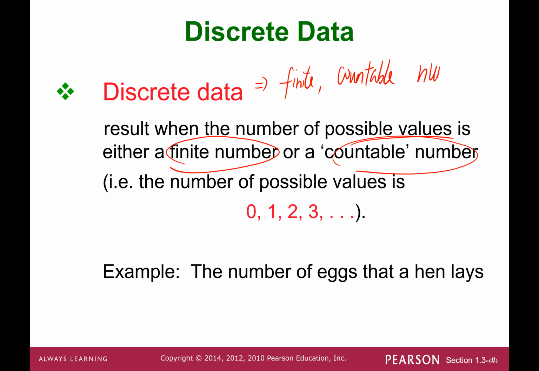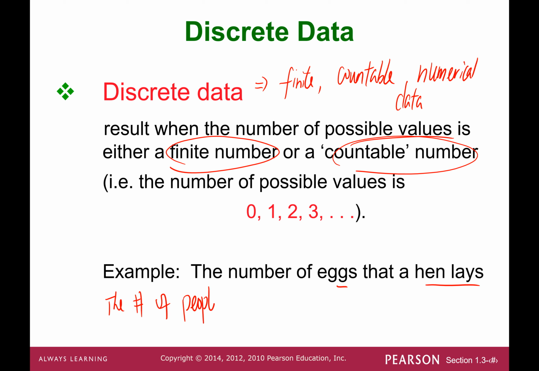The possible values could be 0, 1, 2, 3, and move on. For example, the number of eggs a hen lays on a farm will typically be 2 eggs, 3 eggs, and you never expect to have 1.5 eggs. That's not possible.